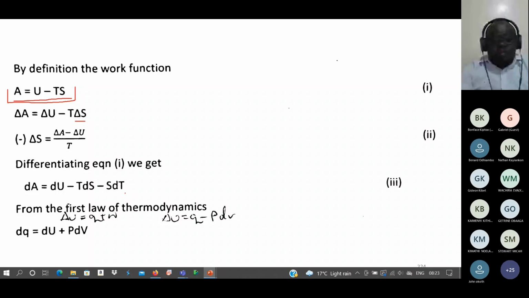Now, from the first law of thermodynamics, we know that delta U is given by Q plus W, okay? So from this one, we know that dU equals dQ minus PdV. PdV here is from work, the definition of W. So from this, dQ equals dU plus PdV, okay?